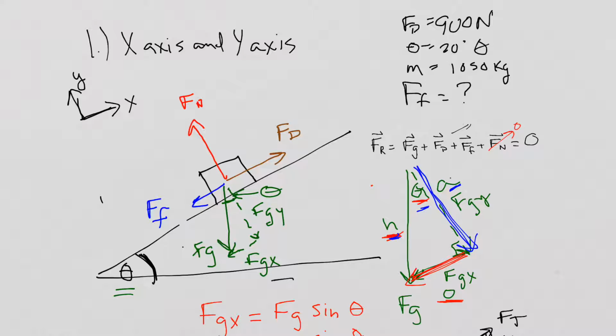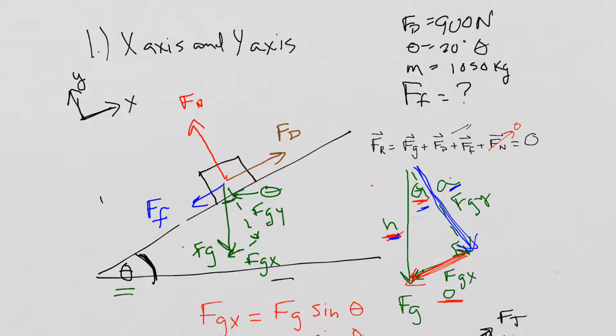So if we look back at the values that were given, we have our drive force, we have our mass, and that's about it. We have the angle of elevation of 20 degrees. We have enough information there to determine what the actual FF is, because we can calculate our FGX, we can calculate our normal force, we can calculate our FGY, which means that leaves us with one unknown variable.